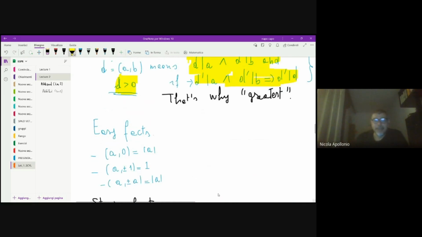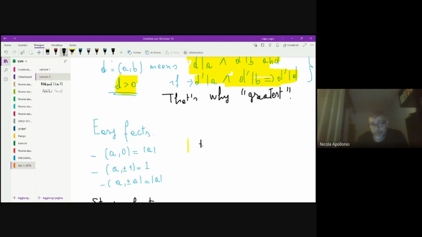So if A is a positive number, the greatest common divisor of A and 0 is A. If A is a negative number, then the greatest common divisor of A and 0 is minus A, which means the modulus of A. Yes, so we know that.